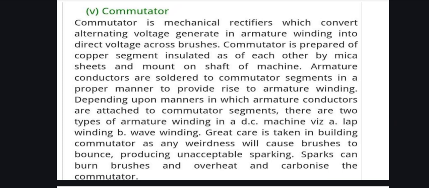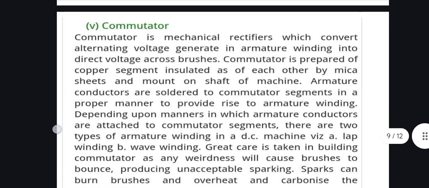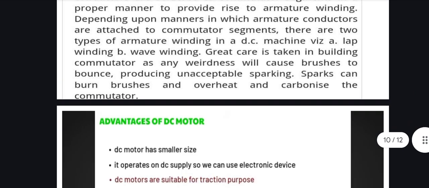Depending upon the manner in which armature conductors are connected to commutator segments, there are two types of armature winding in a DC machine, that is lap winding and wave winding. Great care is taken in building the commutator as any irregularity will cause brushes to bounce, producing unacceptable sparking. Sparks can burn brushes and overheat and carbonize the commutator. This is the function of the commutator.